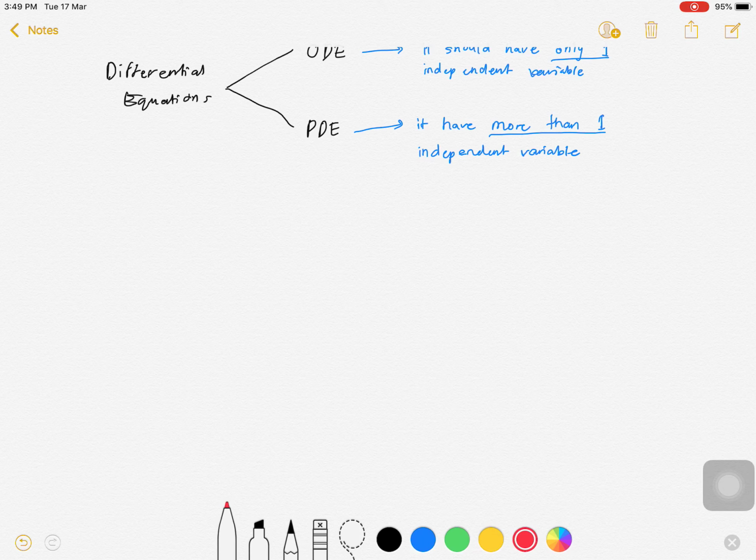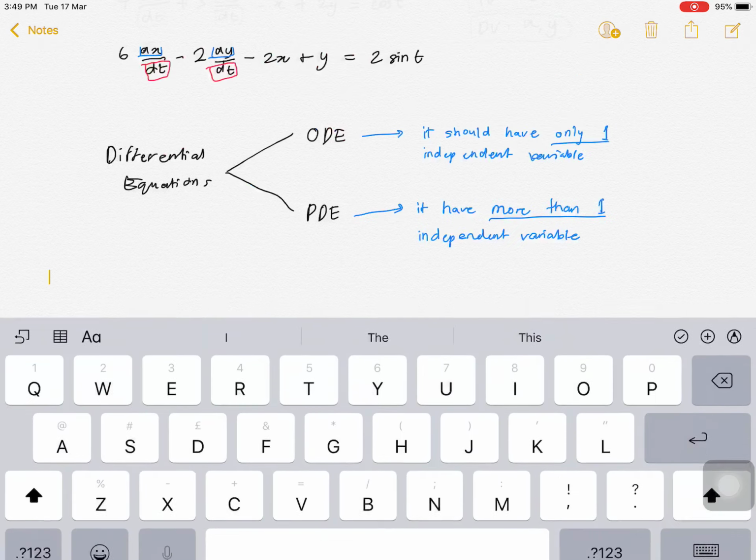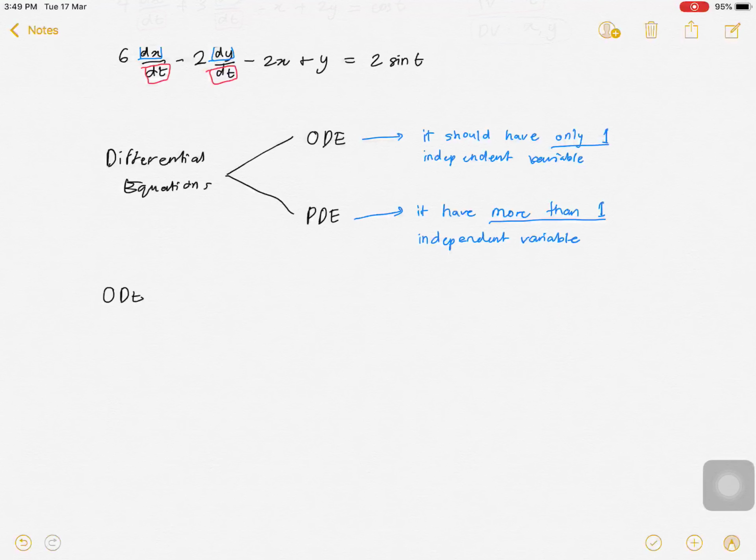Okay, now we go to the second classification of ODE. ODE can be categorized into different orders. This is the derivative, so we can have first derivative, second derivative, third derivative, and so on.